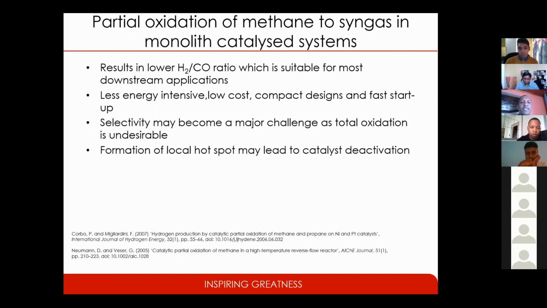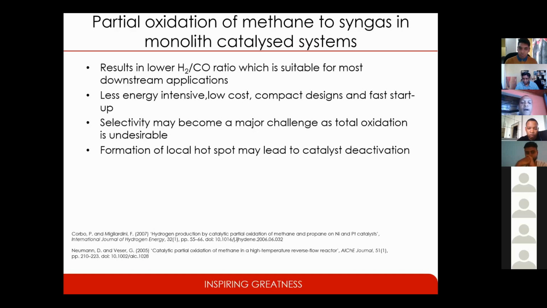However, despite these advantages, there are some issues in that selectivity may become a major challenge because there is a complex interplay of total oxidation and partial oxidation, and the total oxidation products are undesirable. So this complex interplay needs to be gotten rid of.